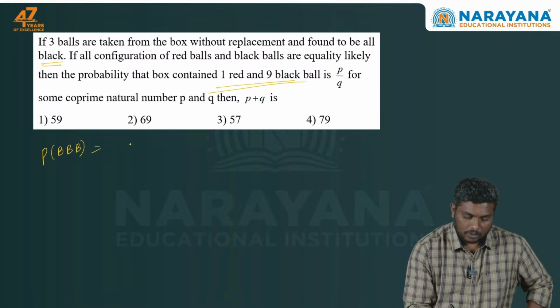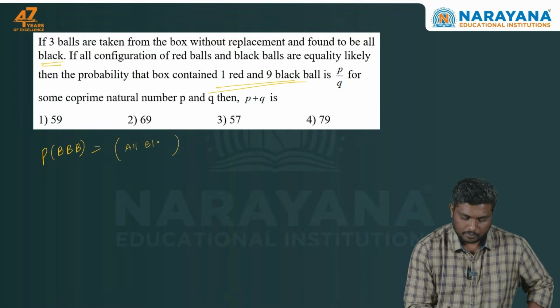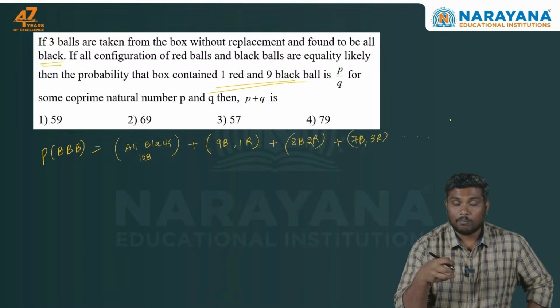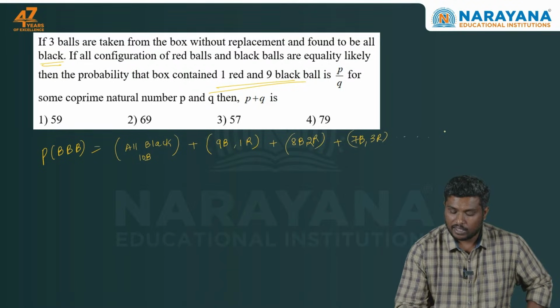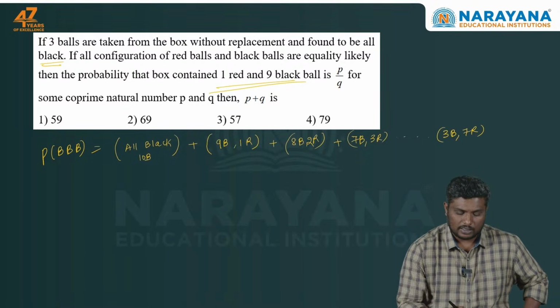Suppose the bag contains all black, in the sense 10 black balls, or 9 black balls and 1 red, or 8 black and 2 red, 7 black and 3 red, and so on, till, since already 3 balls are black, there are 3 black balls and 7 red balls in the last case. There is no possibility of 2 black balls because we will not consider that case at all.